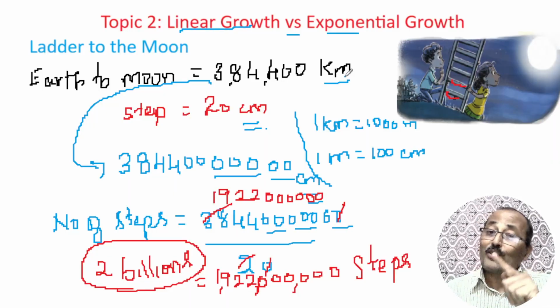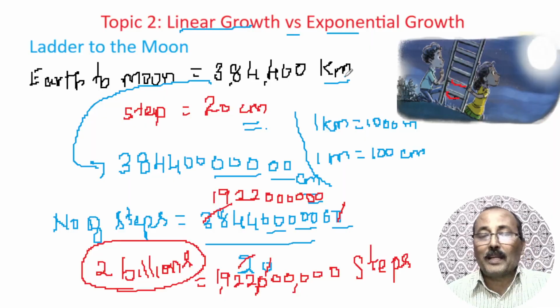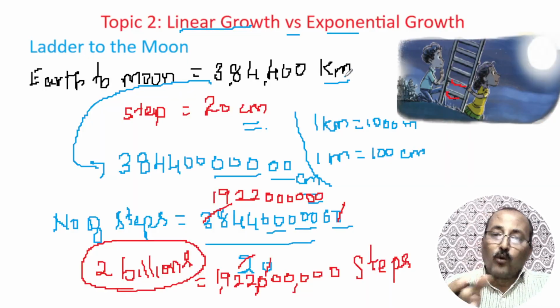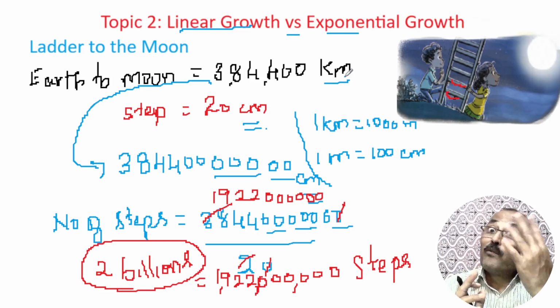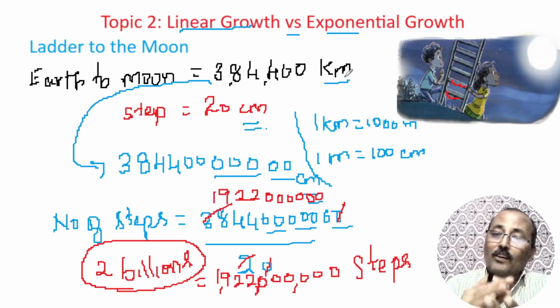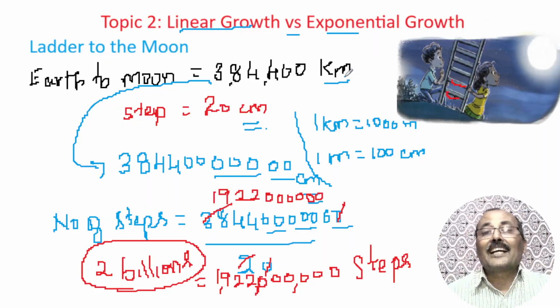But you could have seen in the paper folding in video 11, I hope. Yes, in video 11, that is the first video of this playlist, this chapter, we have done one activity, paper folding. If you fold once, it will become double. Again, if you fold, it will become 4, not 2 plus 1. 2 will become 4. Again, if I fold one more fold, that will become 8. That is called exponential growth.